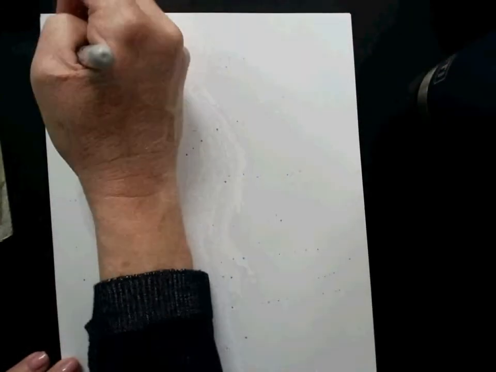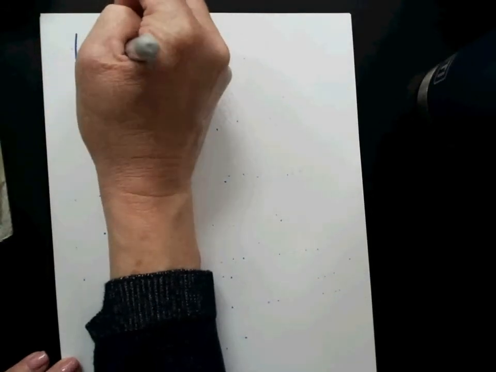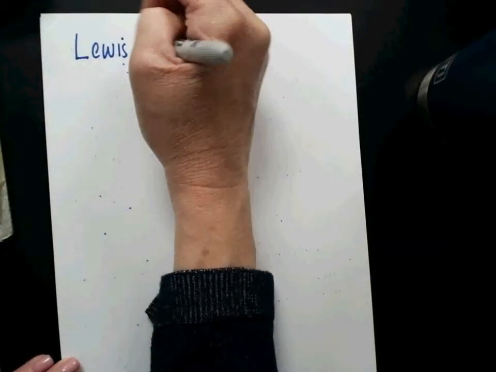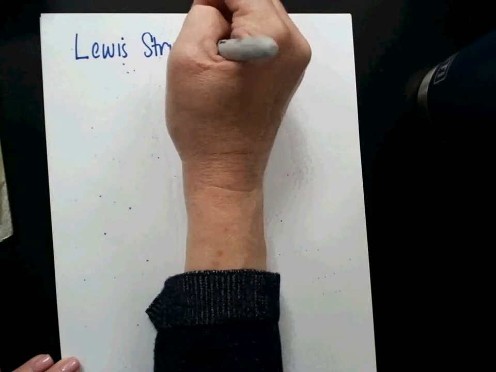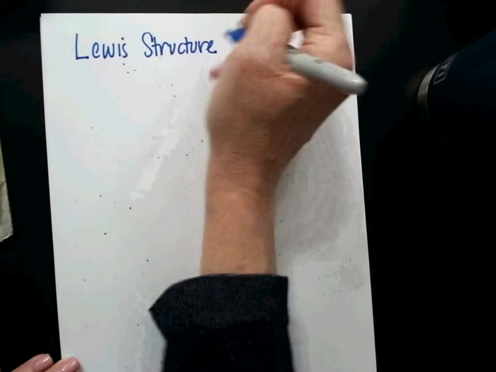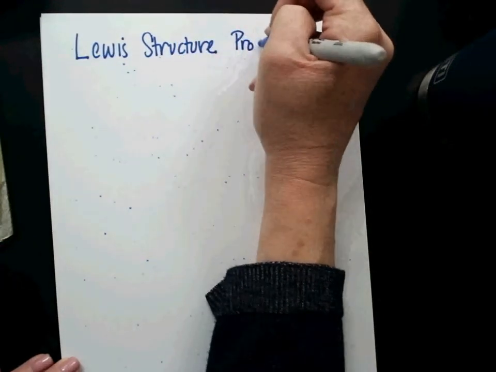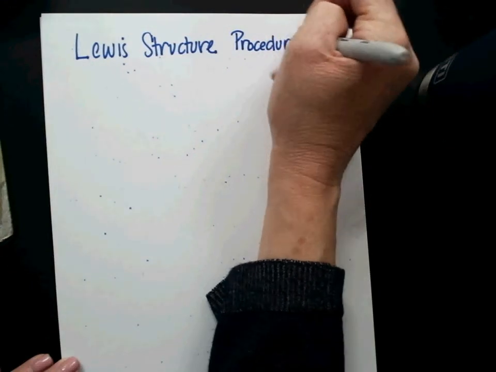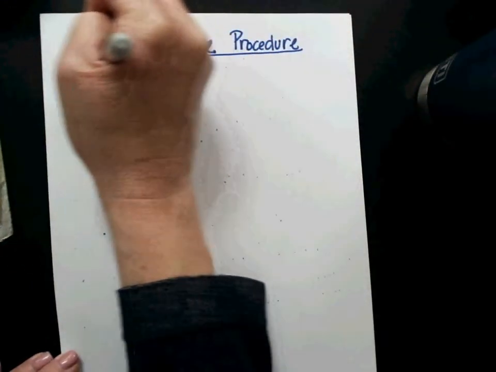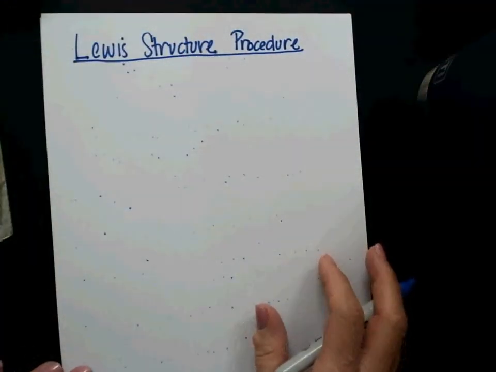I don't know if anybody got all of those molecular compounds correct when you did your Lewis structures. So let's just walk through so you've got it in your notes. Lewis structure procedure.